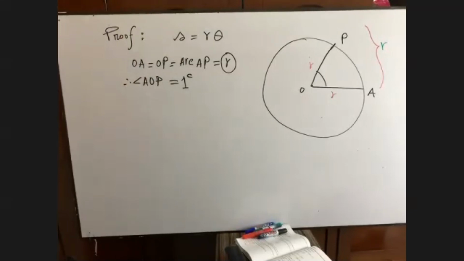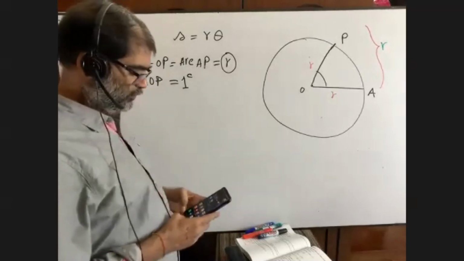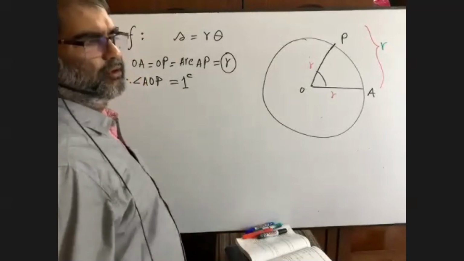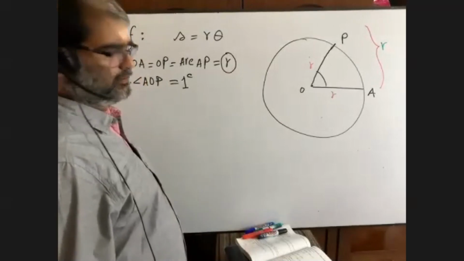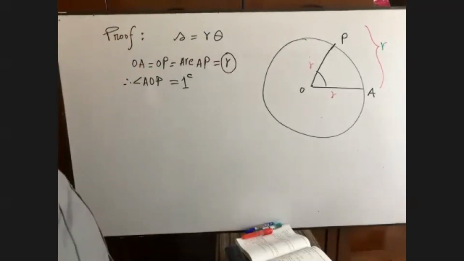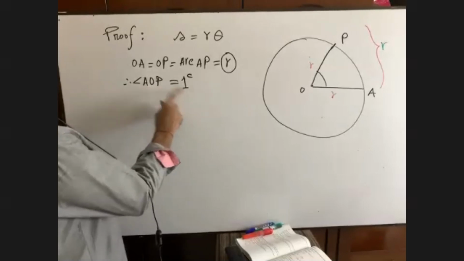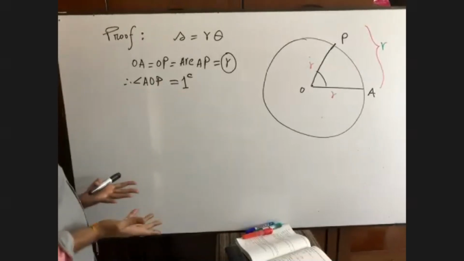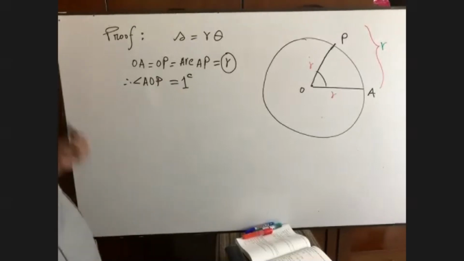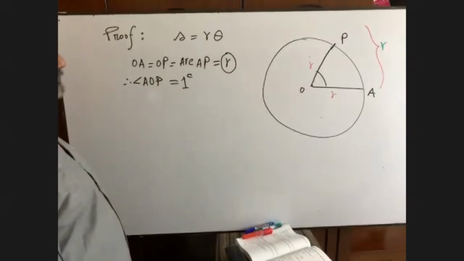Now, for the last time, don't you like to cooperate? Yes, sir. So what are you doing? I don't know. Are you busy with some other work? No, sir. Oh, you are busy with some other work. Good. No, sir. That is the question: angle AOP equals 1 radian, but you cannot tell me why. That means you don't follow my class. It is very bad.